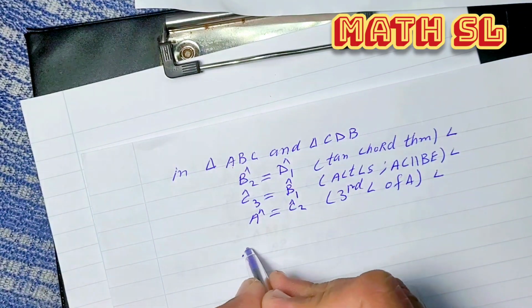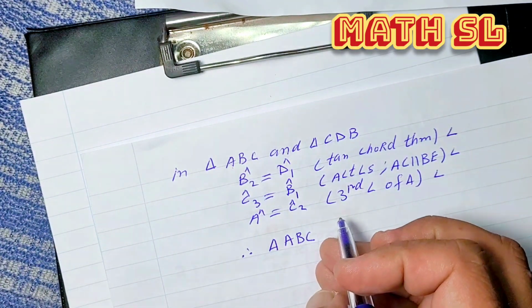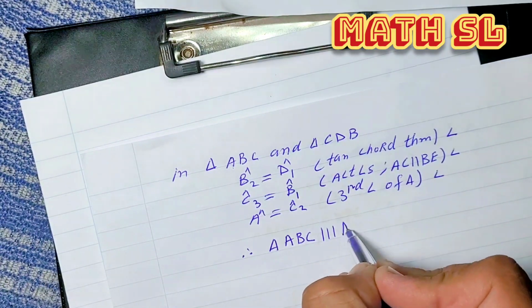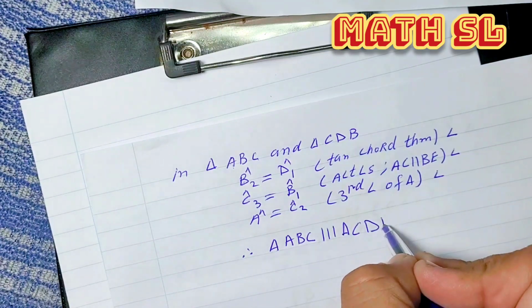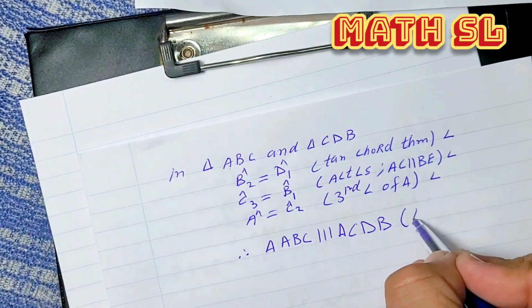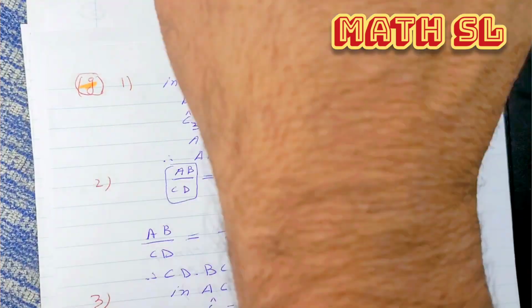Now therefore triangle ABC is similar to triangle CDB. The reason is angle, angle, angle. So this is my first question.